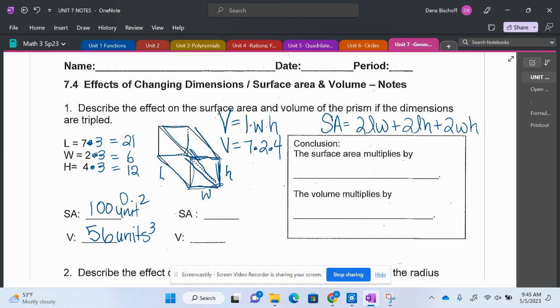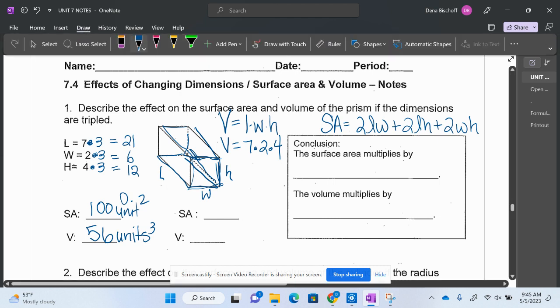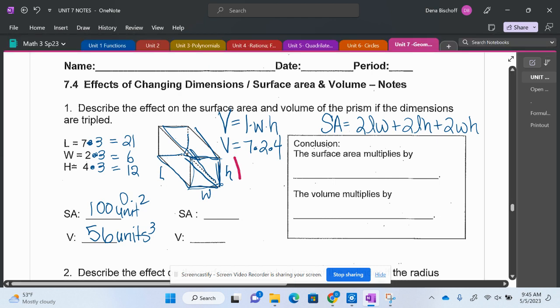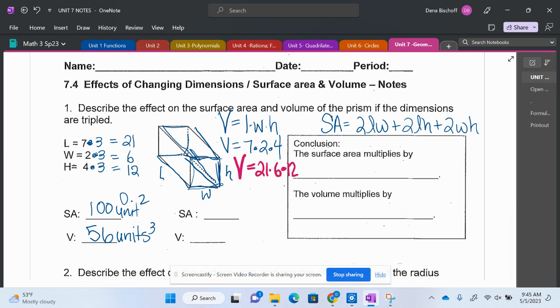So to find my new volume, we have to take 21 times 6 times 12. Calculator bunny gets 1512 units cubed. Perfect. Okay.